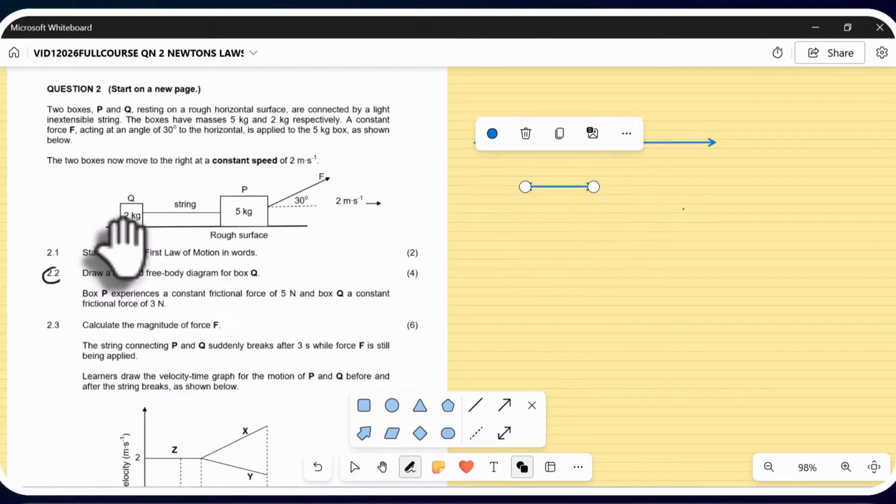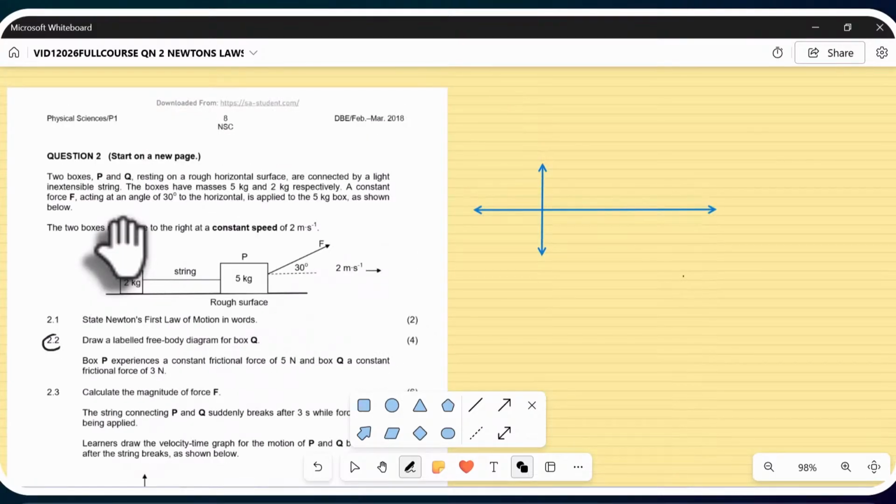Next question. Box P experiences a constant frictional force of 5 newtons and box Q 3 newtons. Calculate the magnitude of force F. They're giving us 6 marks here. To get our force F, we need to first know this tension here.